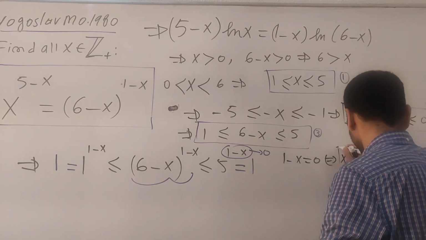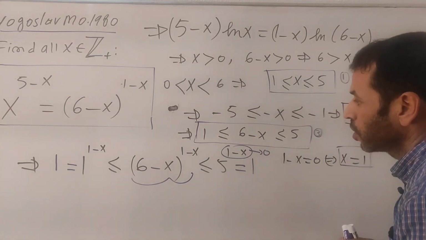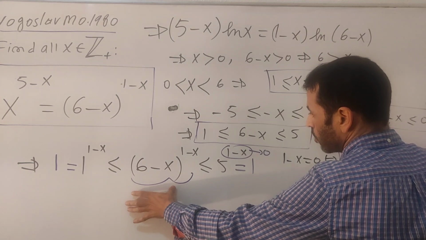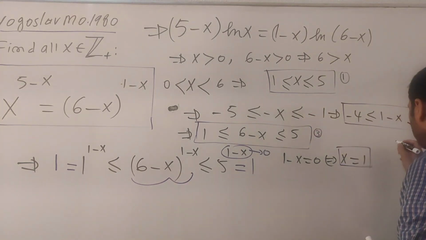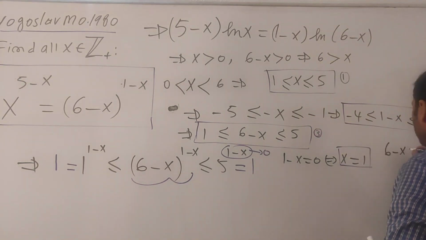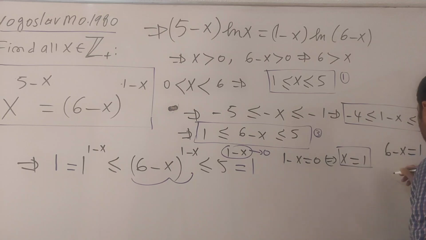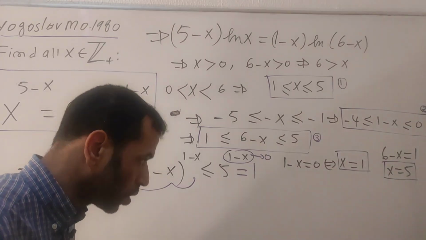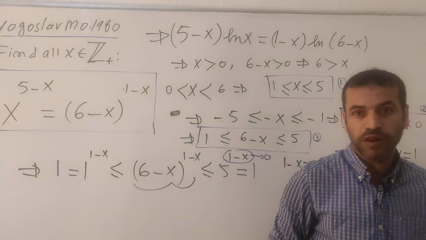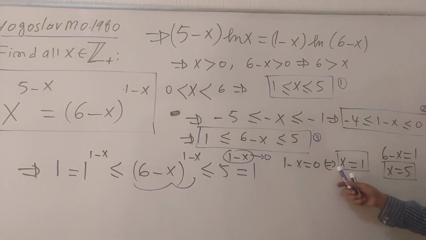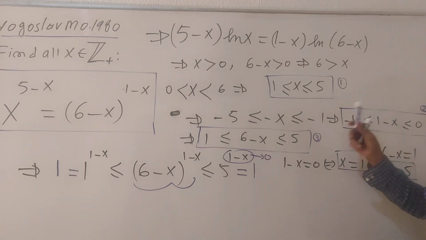The other condition is that 6 minus x must equal 1. Taking minus x to the right and bringing 1 to the left, I get x equals 5. We have solved our equation safely and successfully, ending up with two solutions: x equals 1 and x equals 5 satisfy the equation.